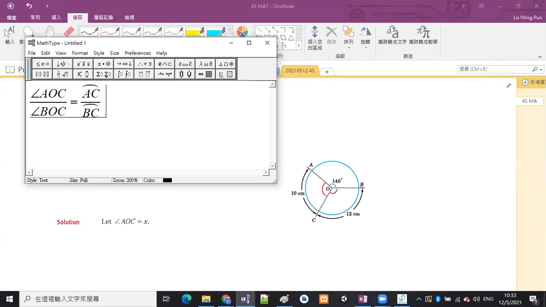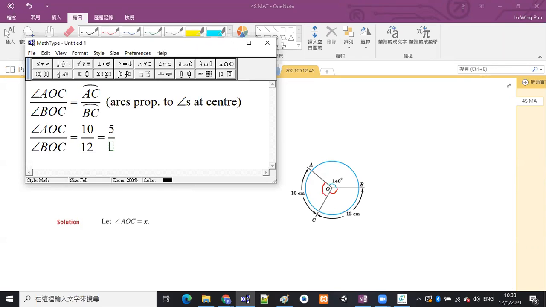This time it is arcs proportional to angles at center. So angle AOC over angle BOC is equal to 10 over 12. And when it's simplified, it should be 5 over 6, right? So we have the angle ratio to be 5 over 6, 5 to 6.